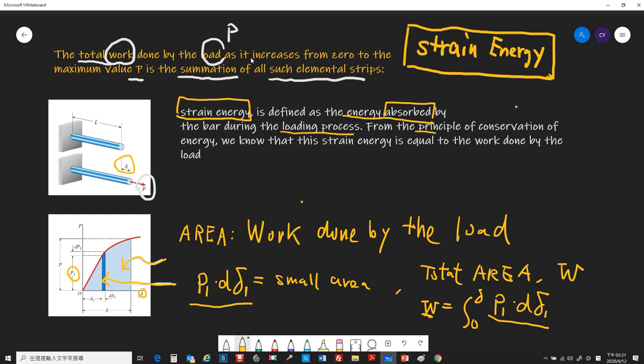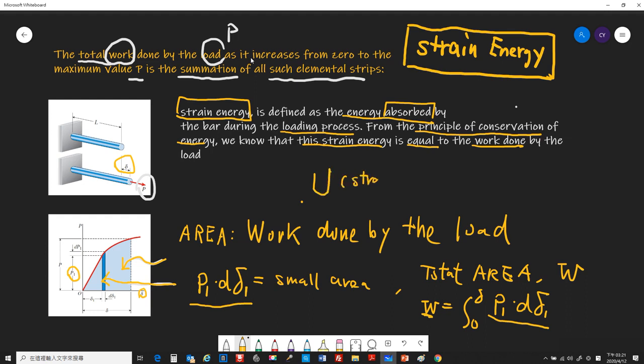From the principle of conservation of the energy, we know that the strain energy is equal to the work done.